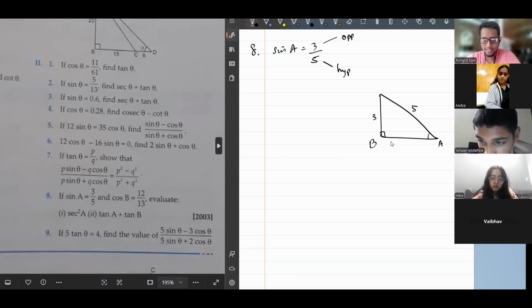We cannot take the right angle as B because we never mentioned the right angle as one of the angles. So B has to be here on top, and this is C. Now, what is cos B? Cos B is 12 upon 13.